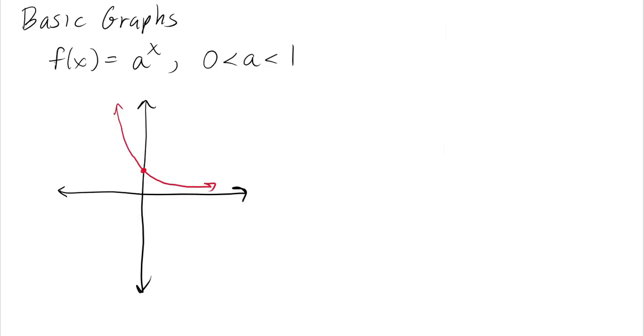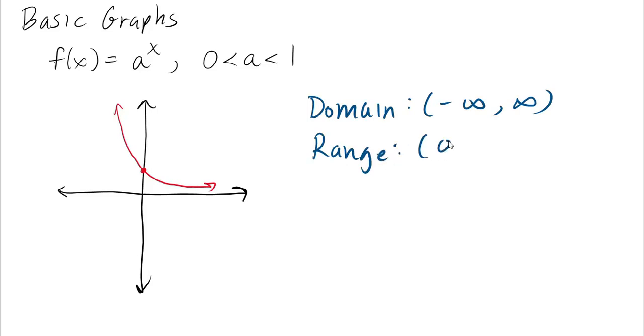In general, all exponential functions with a base between 0 and 1 have that same basic shape. Their domain is all real numbers. The range is restricted from 0 to infinity, not including 0. You can't get 0 out of this function. The y-intercept is still (0, 1).